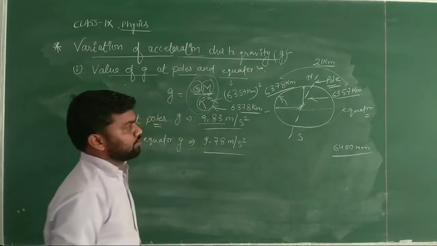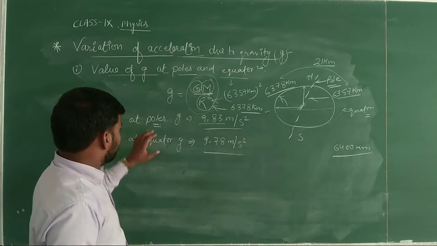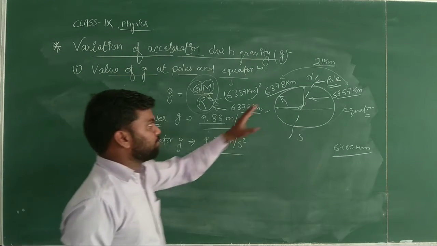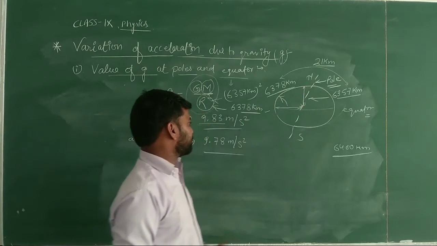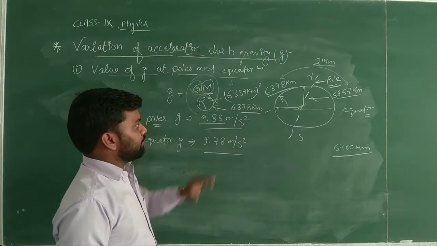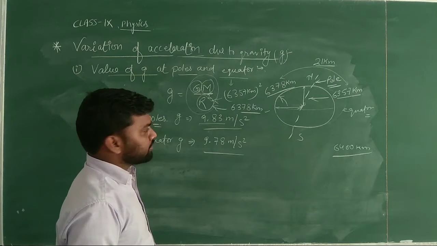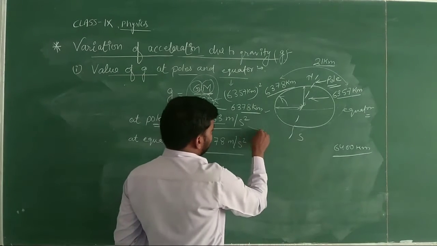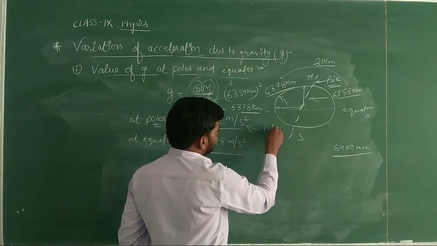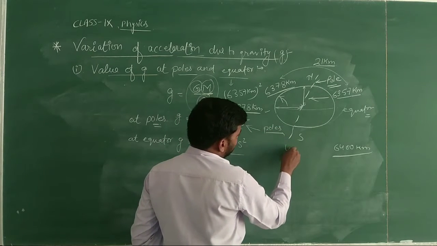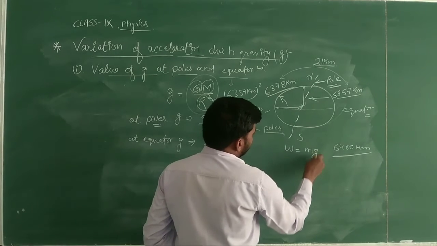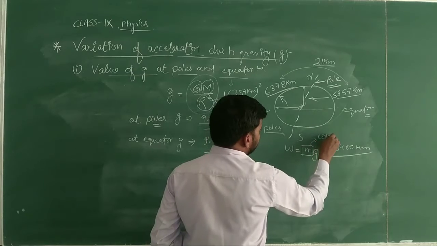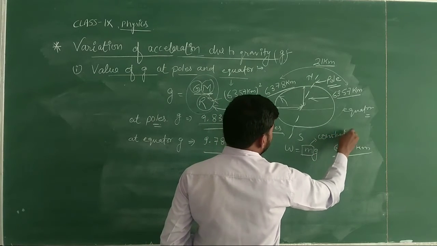Now the question is, the value of g is changing. It is higher at the poles and lower at the equator. So what is the effect of this change? The effect is that our weight will be higher at the poles, because we calculate weight by W equal to mg. Our mass will not change because mass is a constant quantity.